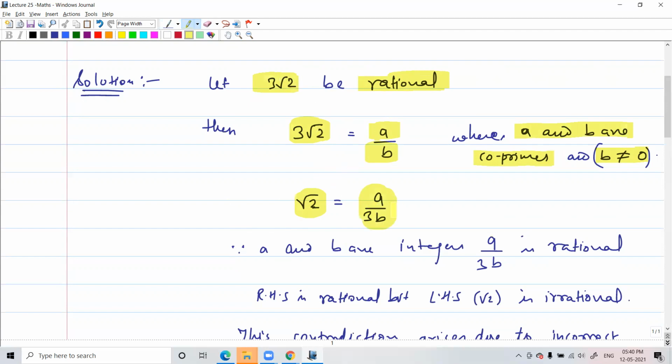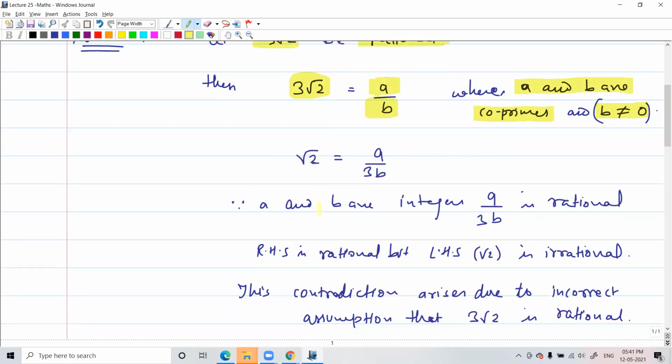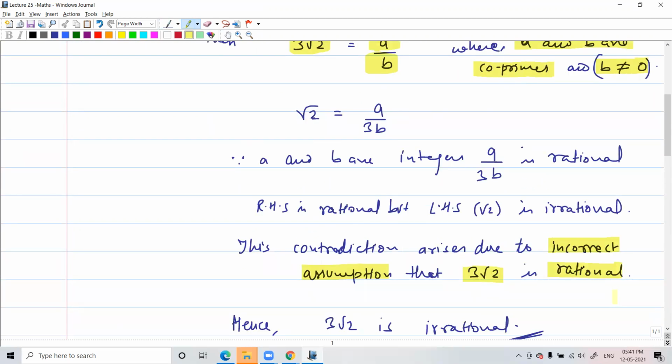A by 3b will become rational. So irrational number equal to rational number, that is what will give us the contradiction which we want. And why did this contradiction happen? Because of our incorrect assumption that this is rational. And therefore 3 root 2 is proved to be irrational.